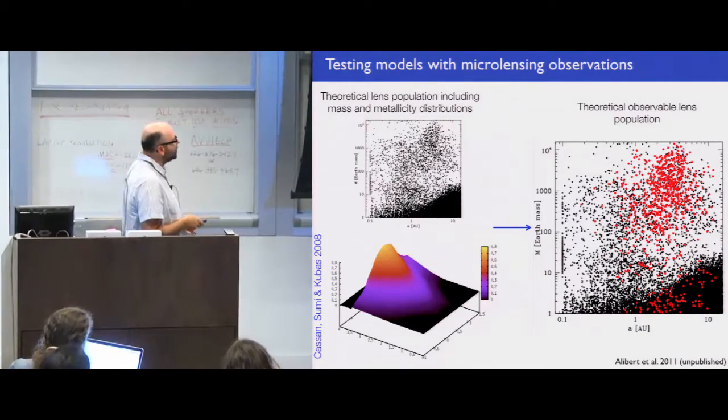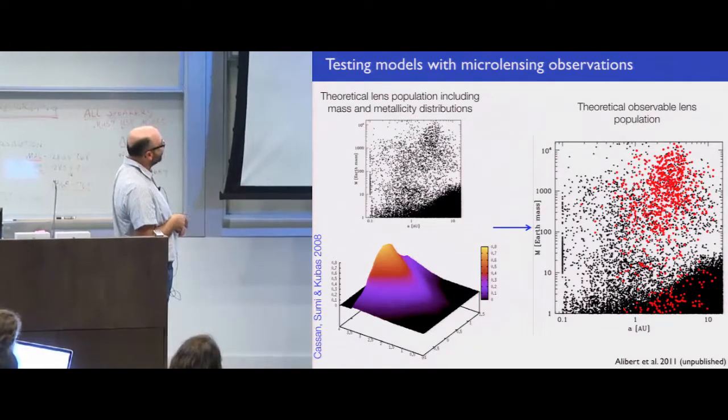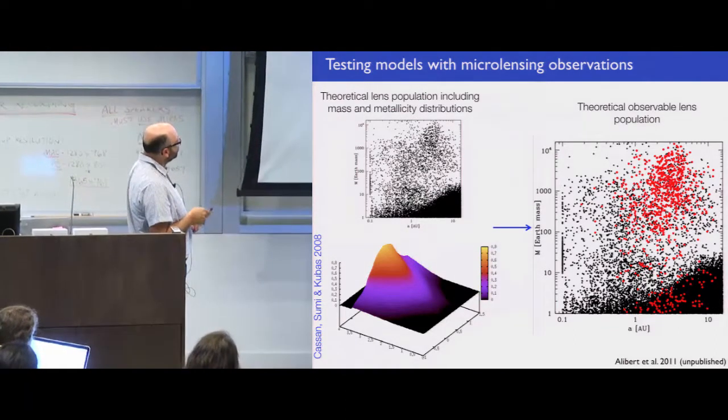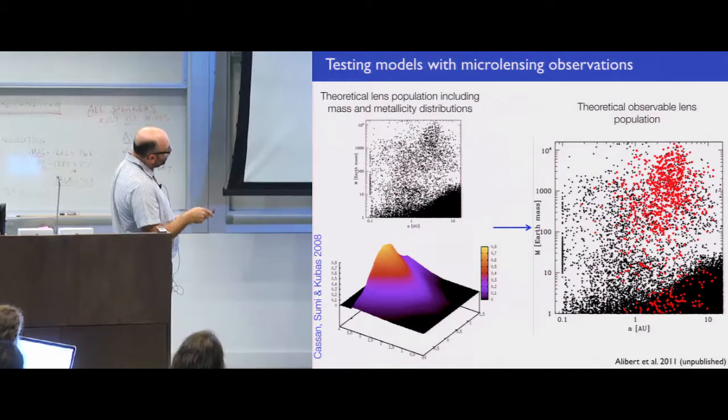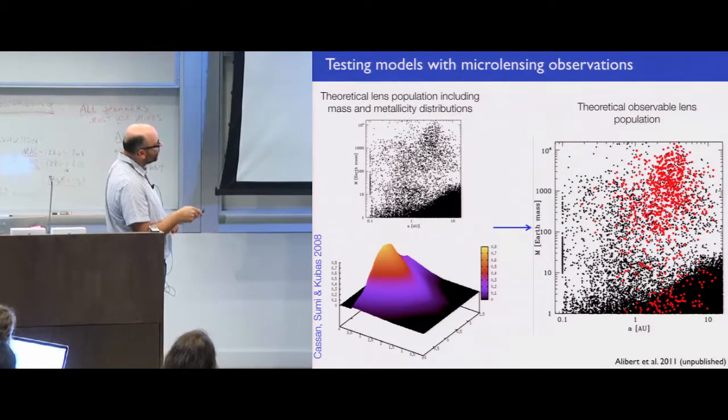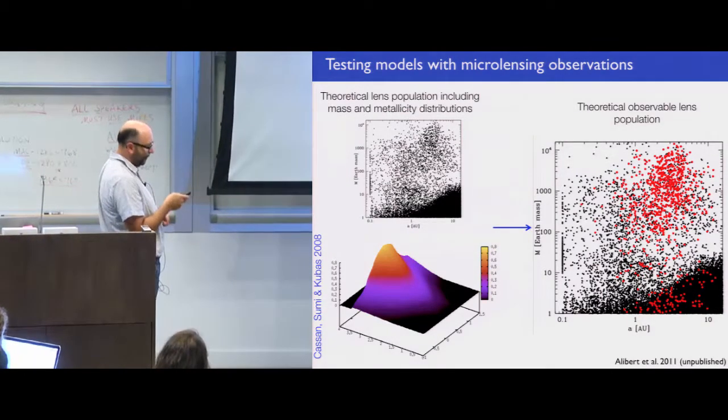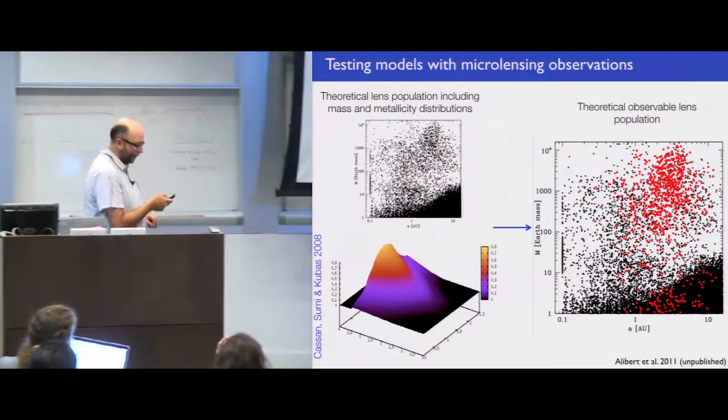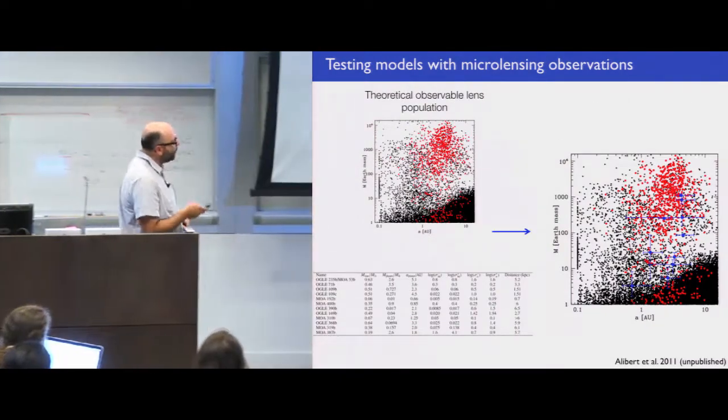In this case we used the observational bias from the PLANET collaboration. And then you have in red the population of planets that could be observed with this observational bias. And finally, you can compare with data.